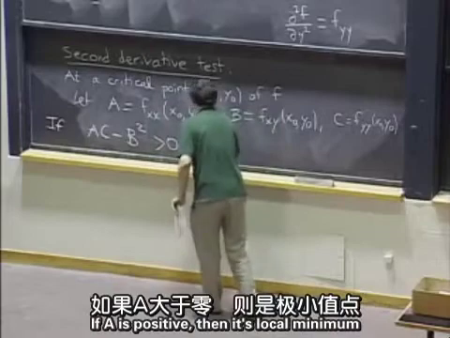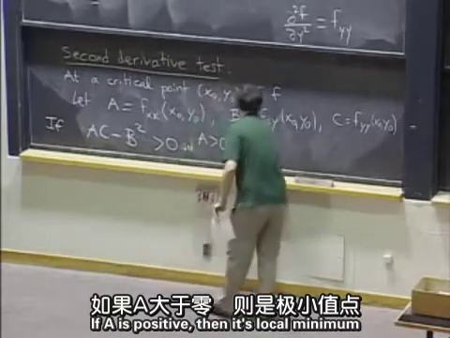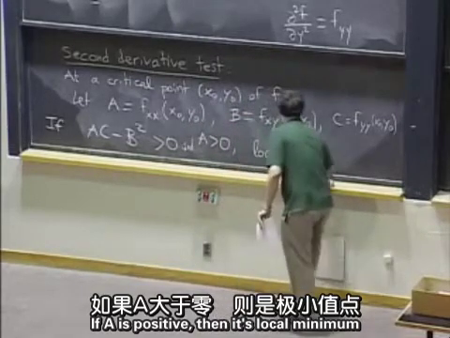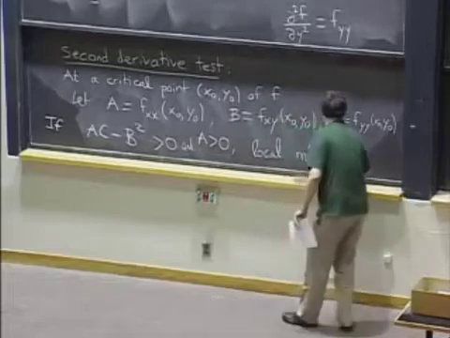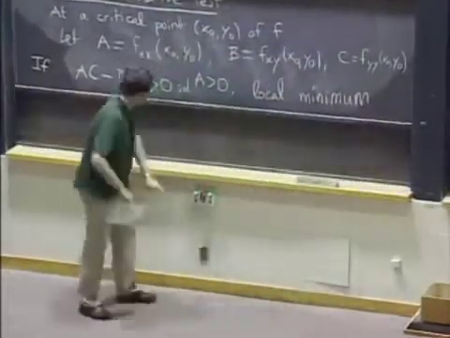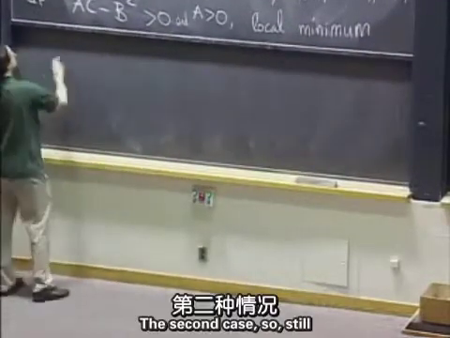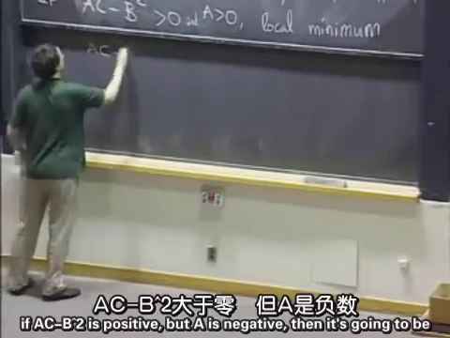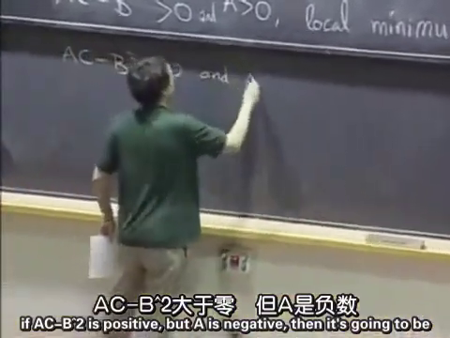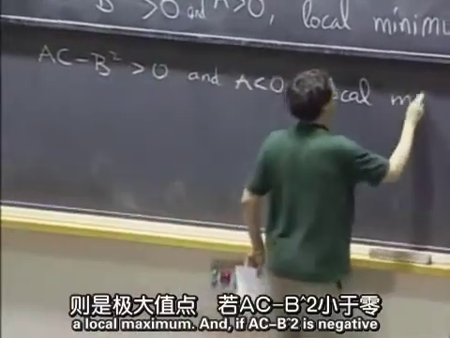If A is positive, then it's a local minimum. The second case, so still if AC minus B squared is positive, but A is negative, then it's going to be a local maximum.